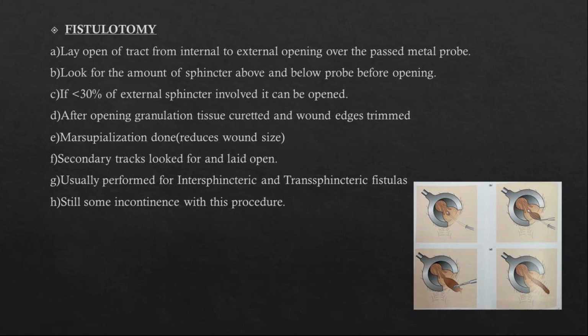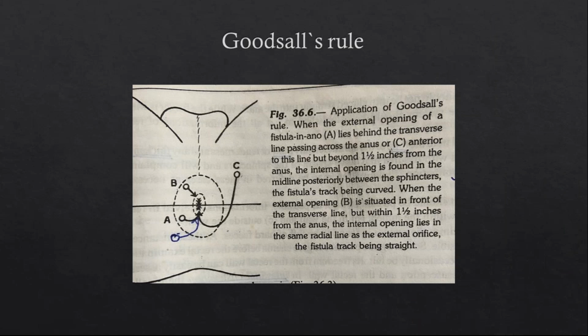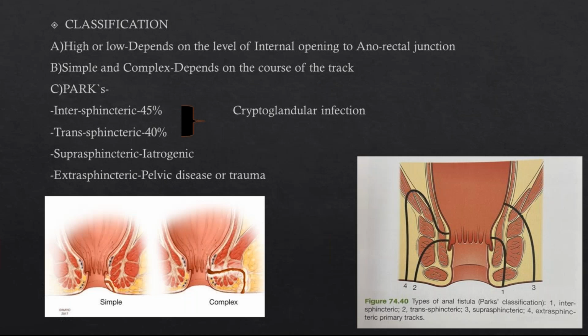Better I will tell you. See here, if you put a probe from the external opening and it is coming out here in the internal opening, there is more than 30% here below the probe, so more external sphincter is involved.